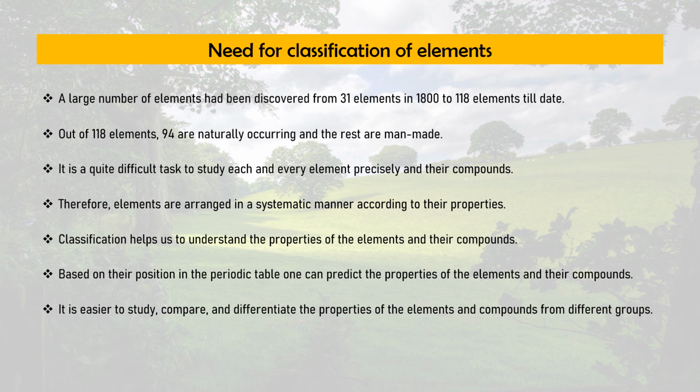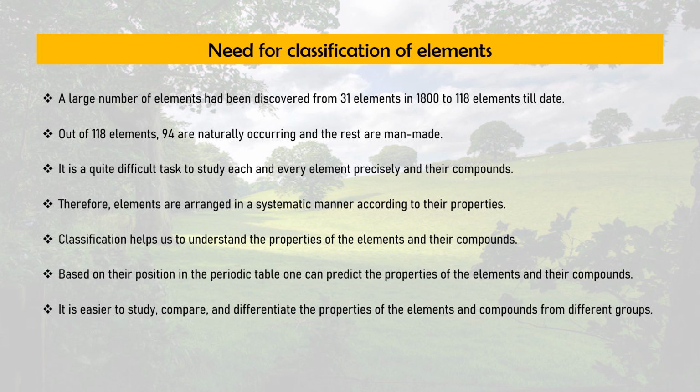So can you see this big number of elements? How can we study each and every one? If we classify them according to their physical or chemical properties, then we can study them as a group. So we can easily study them. And therefore the elements are arranged in a systematic manner according to their properties.